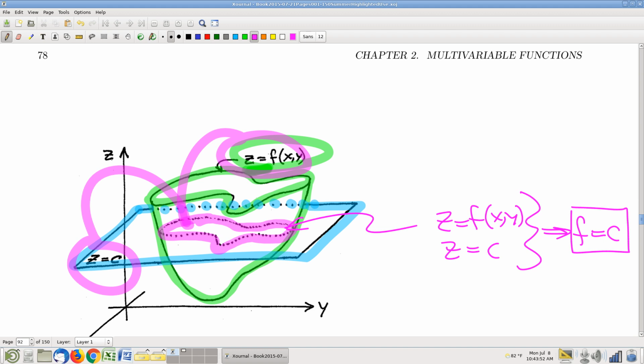So this curve here is a level set of the function. So let's say this all out then. Cross sections of graphs give you level sets. That's a pretty strong connection. Cross sections of graphs are level sets.